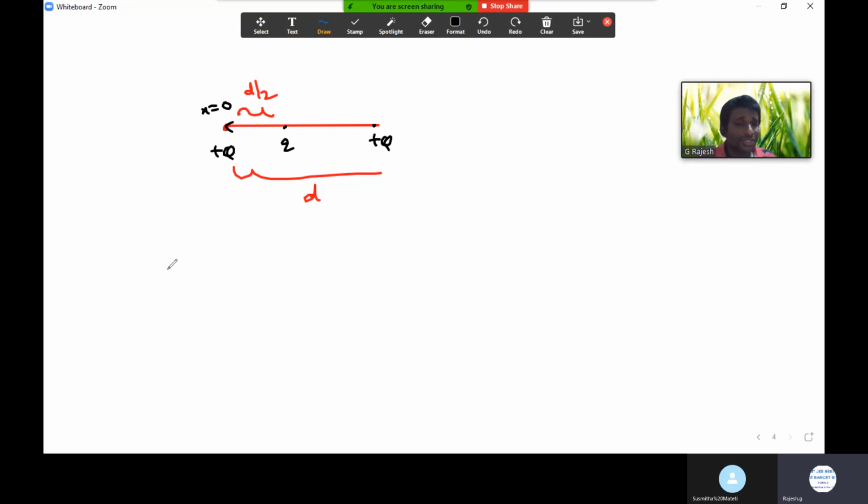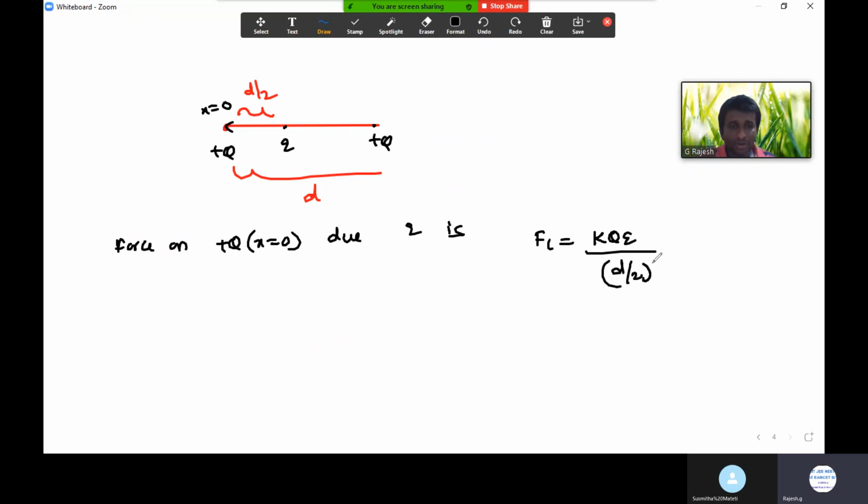So what are the forces existing on the plus Q charge? There are two forces: one due to small q, another due to the plus Q. I am calculating them separately and we add them using the superposition principle. Force on plus Q at x equal to 0 due to q: F1 equals k Q q by the distance d by 2 whole square, which is nothing but 4k Q q by d square.